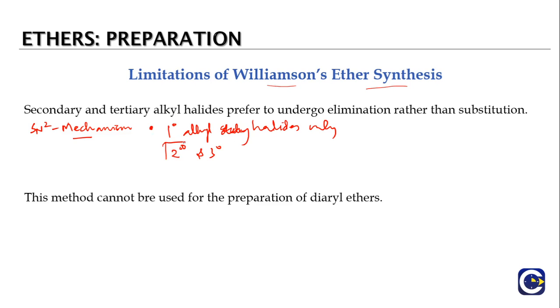So the reaction of secondary and tertiary alkyl halides with the alkoxide does not proceed by the SN2 mechanism. They rather undergo the elimination reaction. The resulting product is not an ether, but an alkene along with the alcohol.